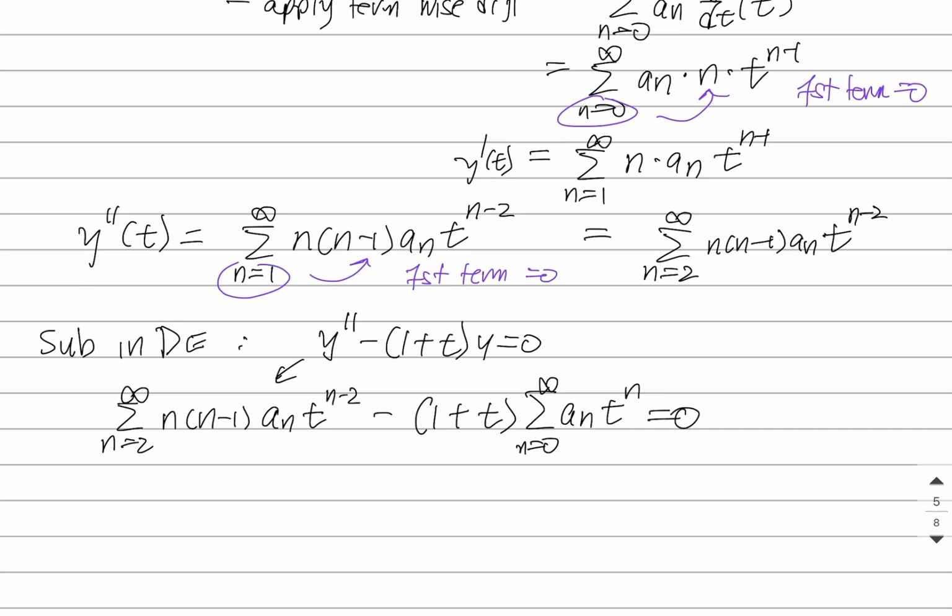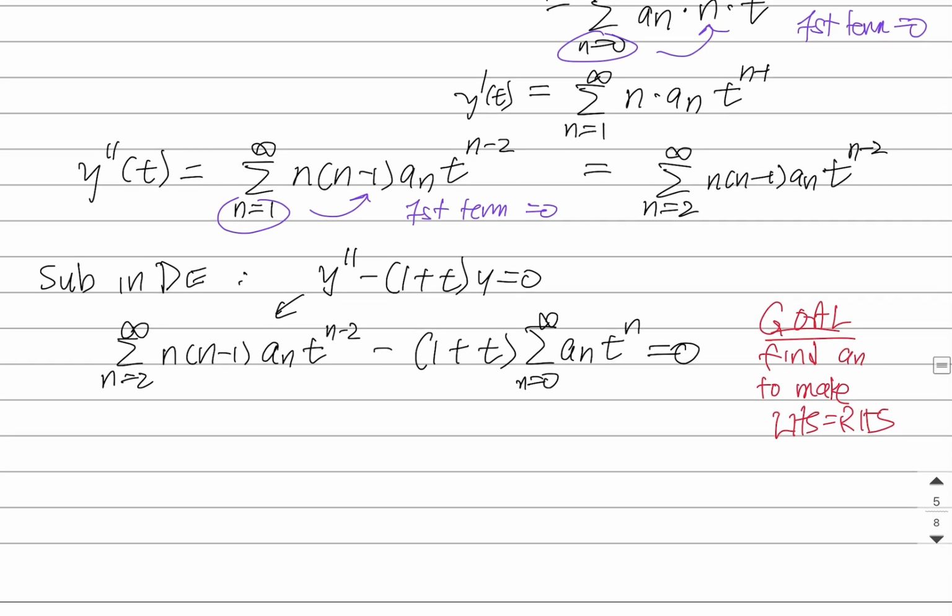Now, keep in mind that the goal here is to find all of these a_n's, infinitely many of them, that are going to make the left-hand side of this DE equal to the right-hand side. That's what we're ultimately trying to look for.